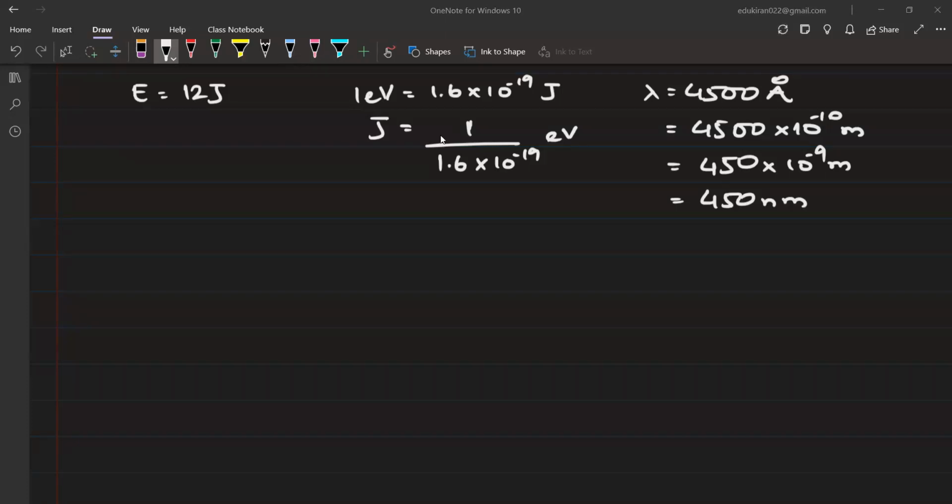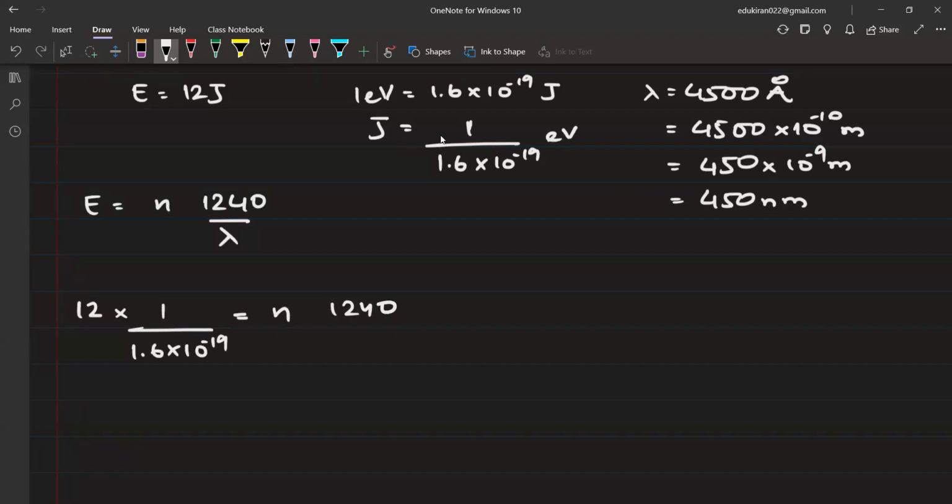Now, the equation will become what? E is equal to n into 1240 divided by lambda. E in electron volts, I will write 12. And instead of joules, I will write 1 upon 1.6 into 10 to the power minus 19. Right? This will be equal to n 1240 divided by lambda.